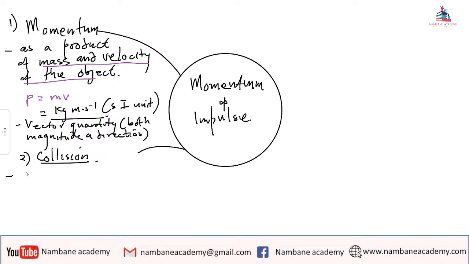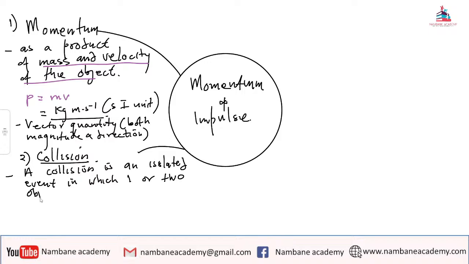A collision is an isolated event in which two objects exert a force on each other.